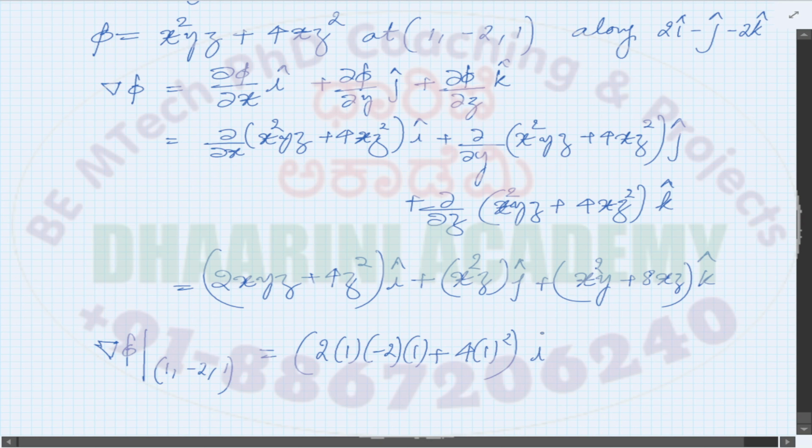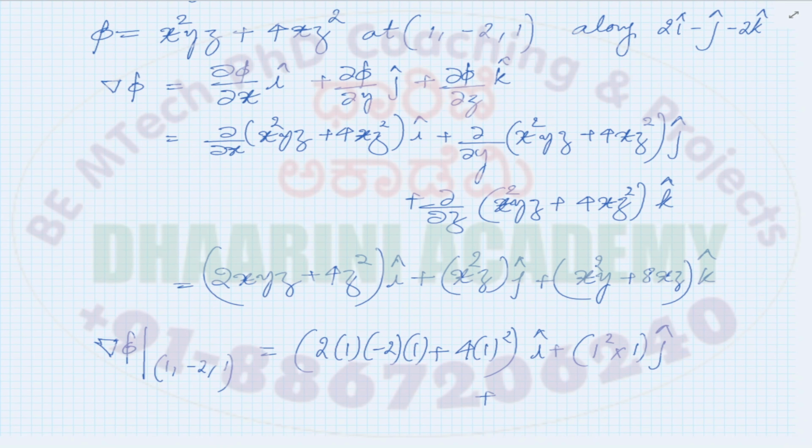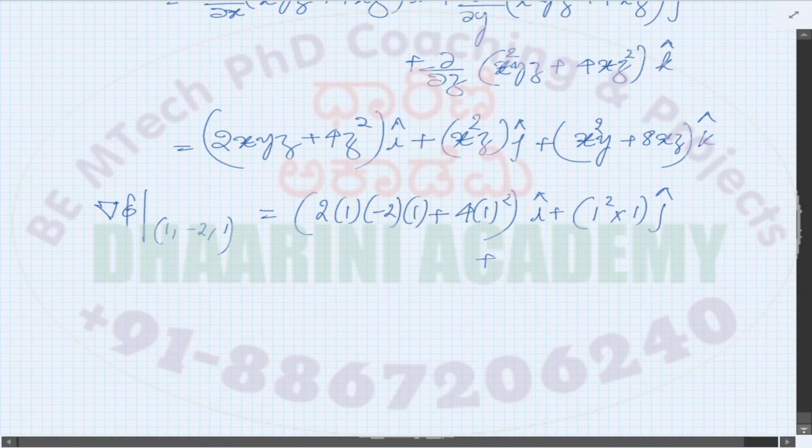This is the first, into i cap, plus next x squared z, so 1 squared into z equal to 1 times j cap, plus for the last term x squared y, so 1 squared into y equal to minus 2, plus 8 into 1 into 1, times k cap.